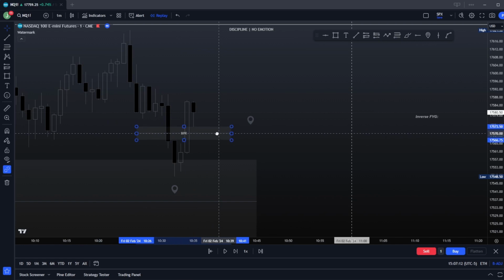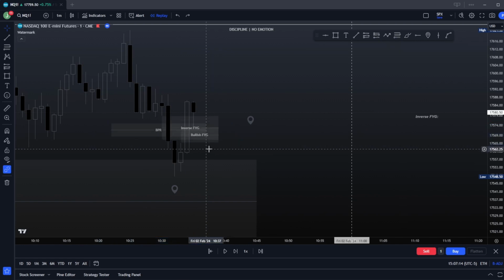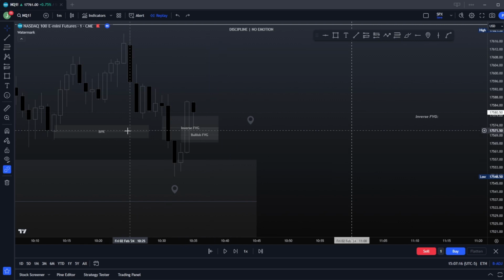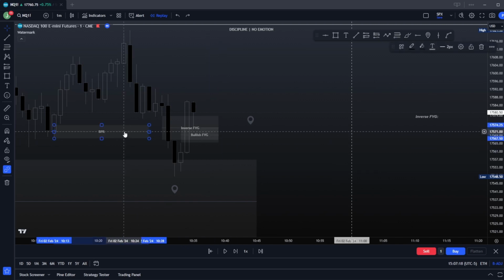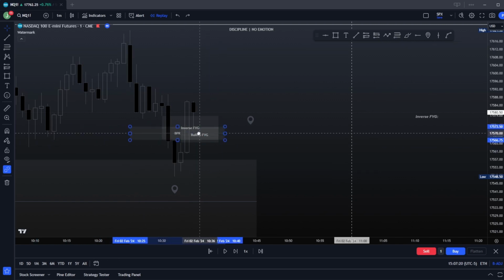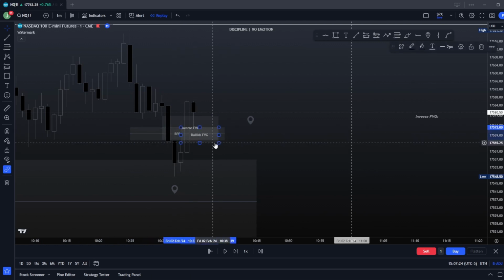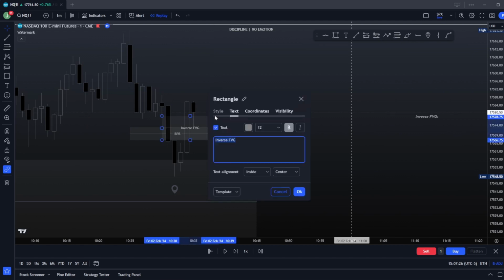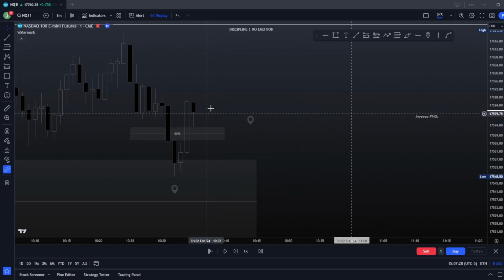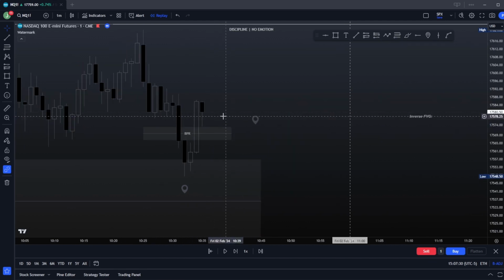So we have that. That is where price lines up on both sides. So the one fair value gap doesn't get respected, but the move that doesn't respect it creates the other.